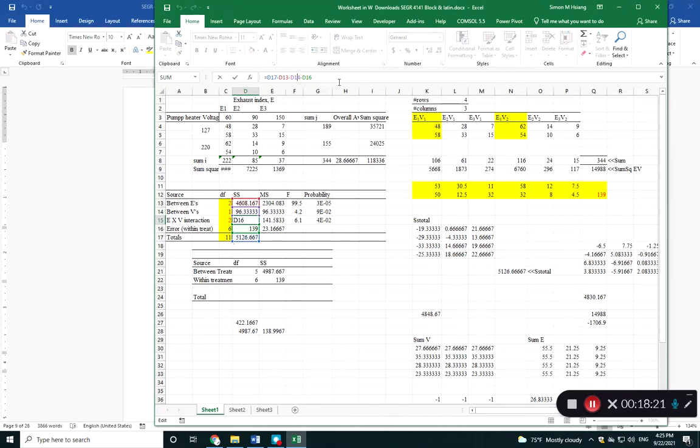There are two different ways you can think about it. This way is that I have the total treatment sum of squares, and then E took some away. I said, hey, I'm looking at it from top down. V takes some away because I look at sideways. Whatever the leftover is, what?